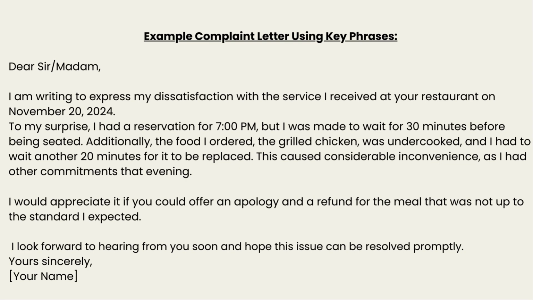Moving further, additionally, the food I ordered, the chicken, was undercooked and I had to wait for another 20 minutes for it to be prepared. This caused considerable inconvenience as I had other commitments that evening. So what did I use? Considerable inconvenience. It clearly outlines the negative impact it had on my life.